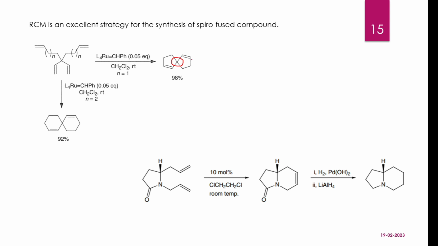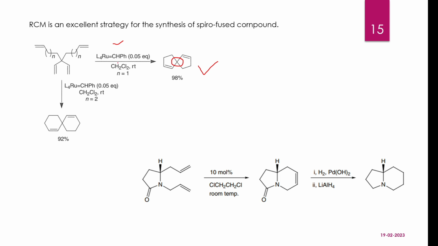So forming this type of spiro compound is a bit difficult, but by using this type of Grubbs catalyst, we can form spiro compounds very easily. Just by this, these two double bonds will join.